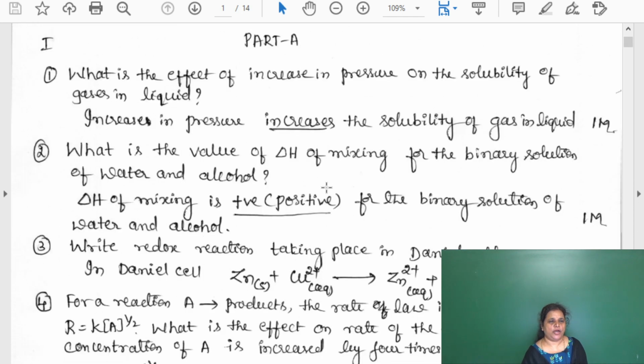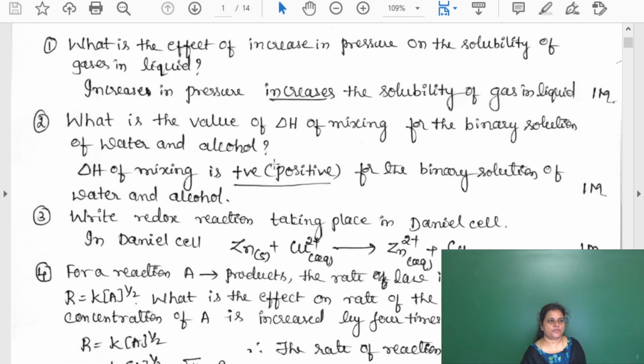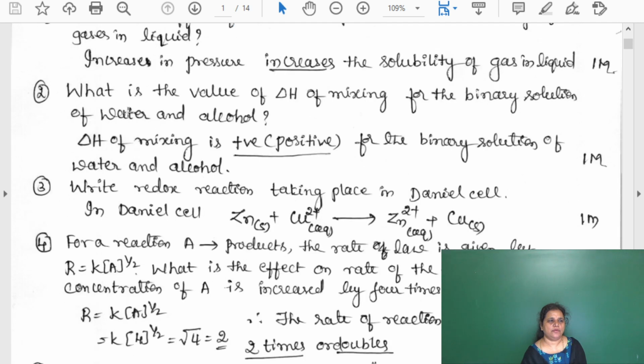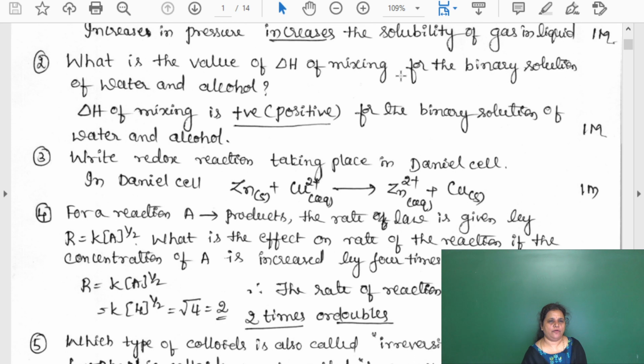So let us move on to the second question. What is the value of delta H of mixing for the binary solution of water and alcohol?